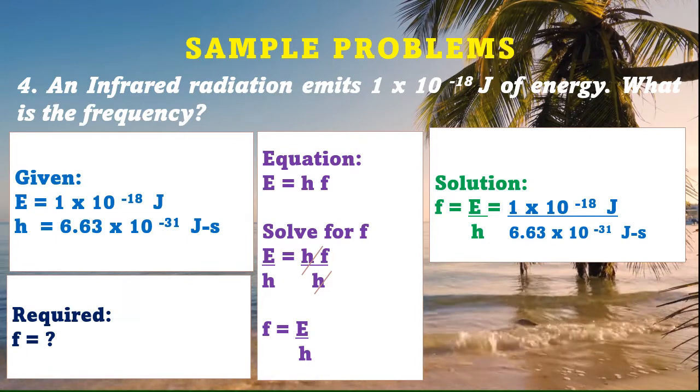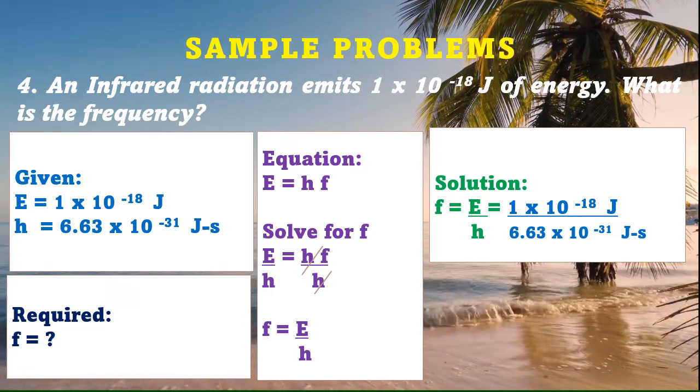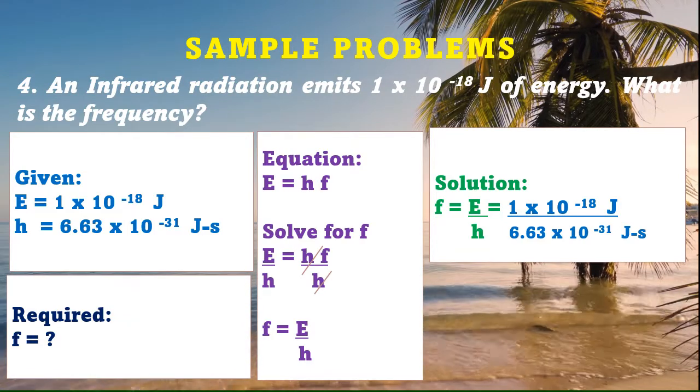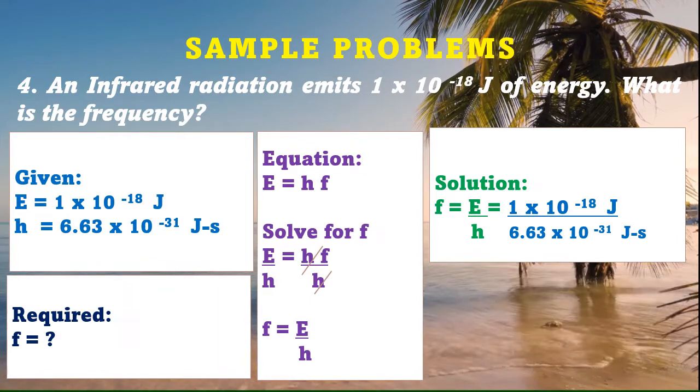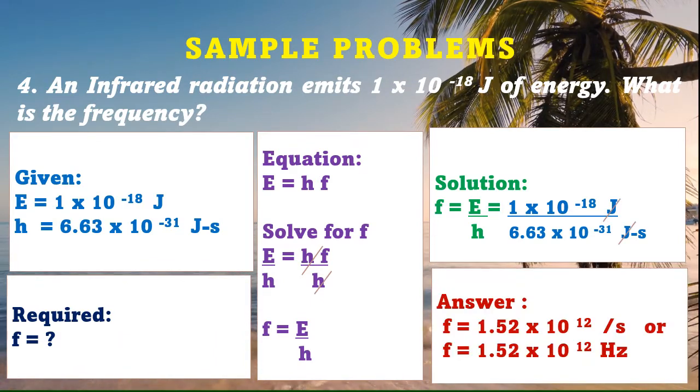For energy, we have 1 times 10 to the negative 18 joules divided by the Planck's constant, which is 6.63 times 10 to the negative 31 joule second. We can cancel units. The answer now becomes 1.52 times 10 to the 12 per second, or 1.52 times 10 to the 12 Hz.